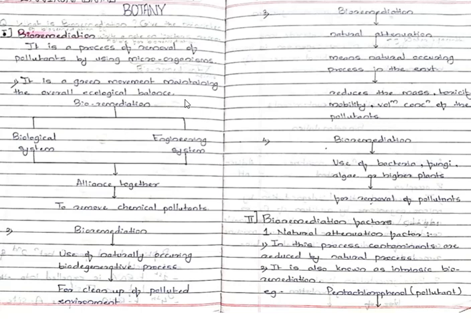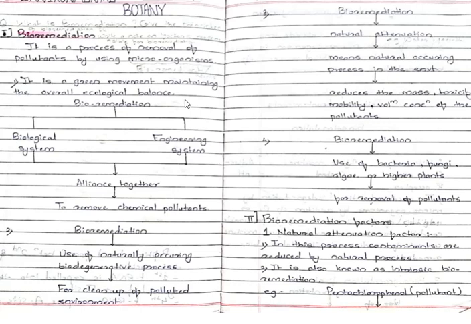First of all we have to see the definition of bioremediation. Bioremediation is the process of removal of pollutants by using microorganisms. As you know, in the environment various types of pollutants are present in soil, air as well as in water.